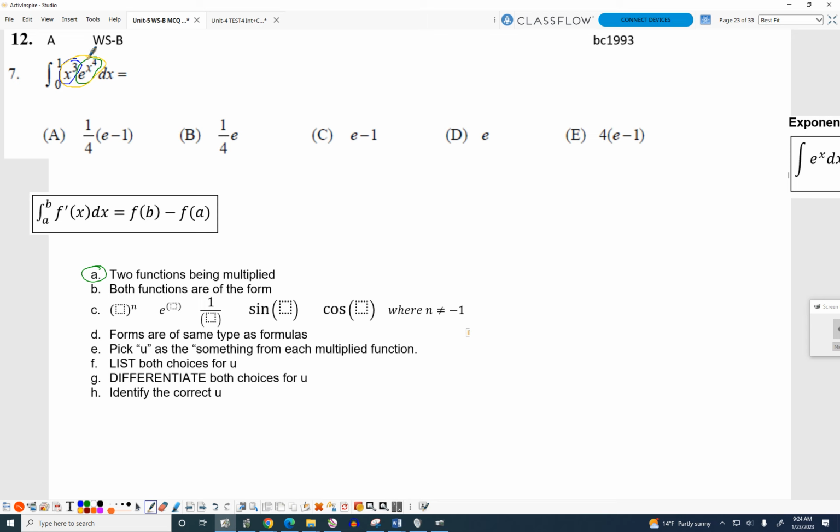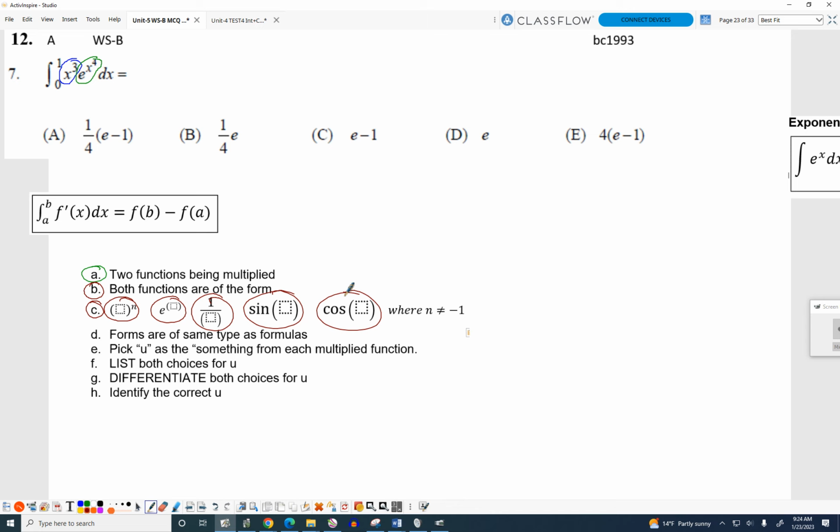Let's go to Anna. So Anna, we look at that blue formula. It says that both functions are supposed to be of the form right here: something to a number, e to the something, 1 over something, sine of something, or cosine of something. The blue one is which of those 5 forms? It's definitely the first. What's the n? 3.